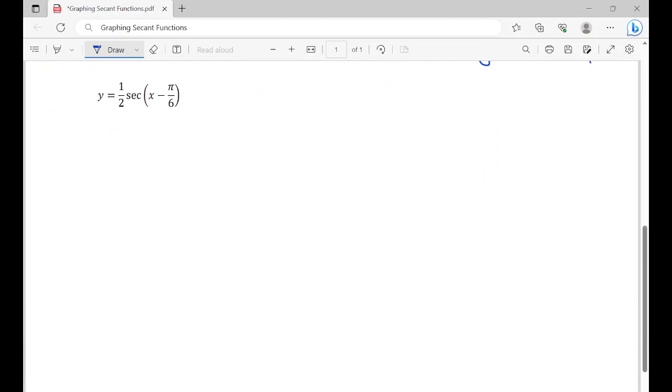Now let's do it again for this function, y equals 1/2 secant of x minus pi over 6. So this is going to be in the form of y equals a secant of k times the quantity x minus b. So this is shifted because it has a b value, so it's going to move left or right depending on what b is, but we'll get to that in a second.